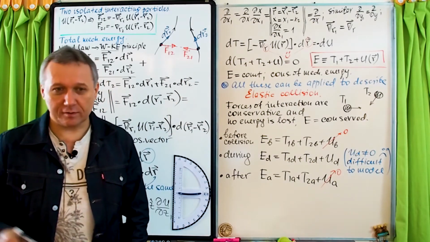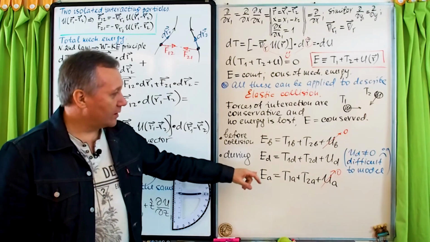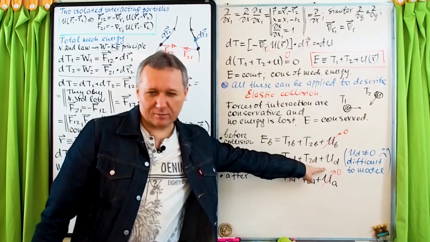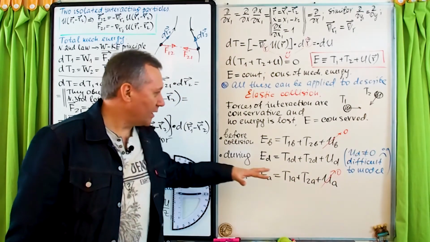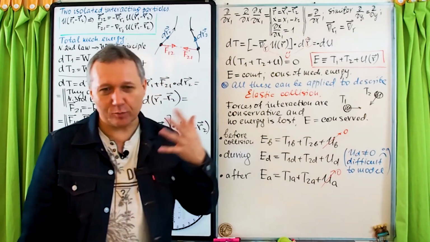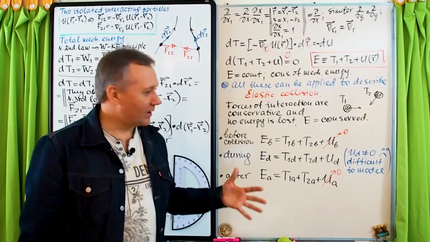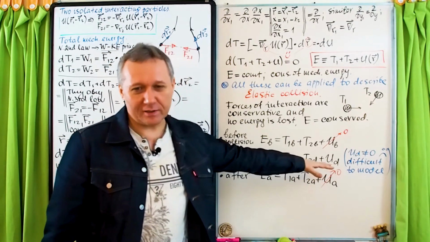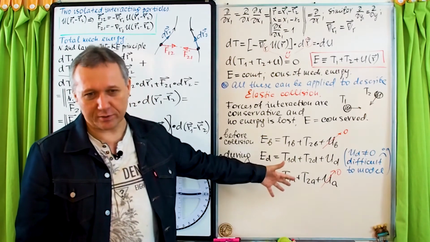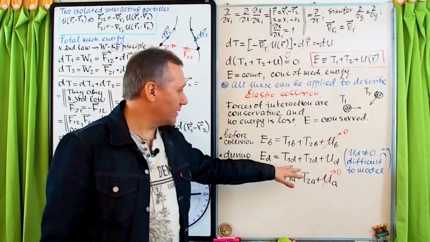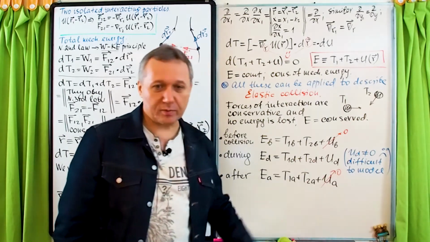Because of this potential energy term, which is difficult to model, if it's possible, it's better to avoid dealing with the process during the collision. Because in this case, you'll have to deal with kinetic energies plus potential energy.